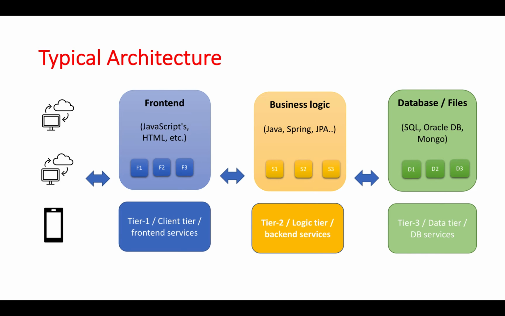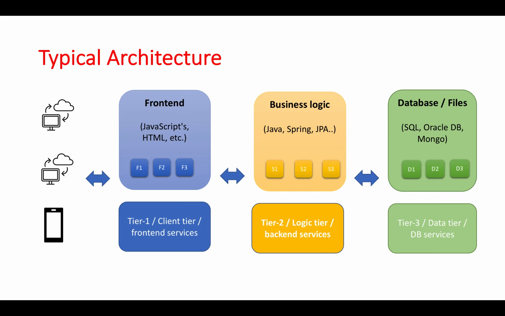We'll basically use HTML, CSS, and JavaScript as scripting languages to develop the front end, and the front end service will be based on the requirement. It can be a single service or multiple distributed services, but within this single tier.